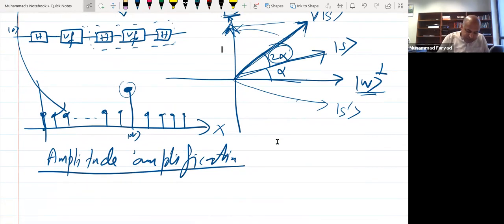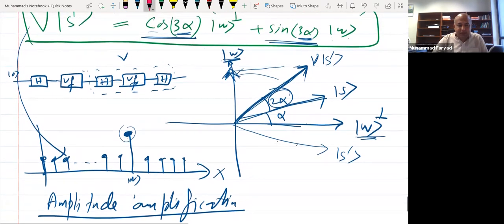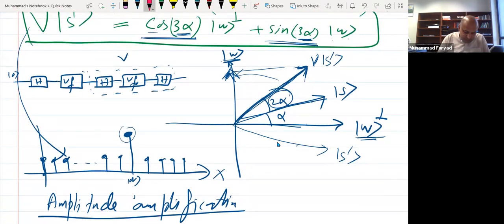All right, if not, let's resume, and let me summarize again that we applied this UF that took this S state on the other side. Then we applied this diffuser V. It took the state right from here to here.